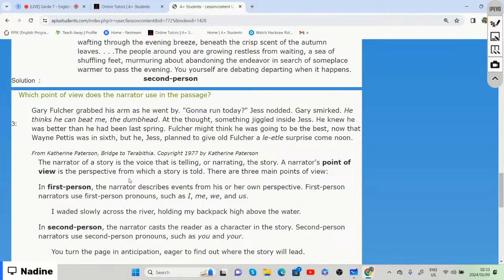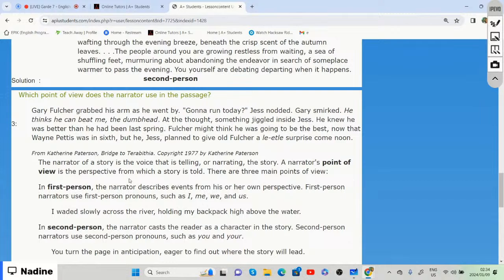Fulcher might think he was going to be the best, now that Wayne Peters was in sixth, but he just planned to give old Fulcher a little surprise come noon.